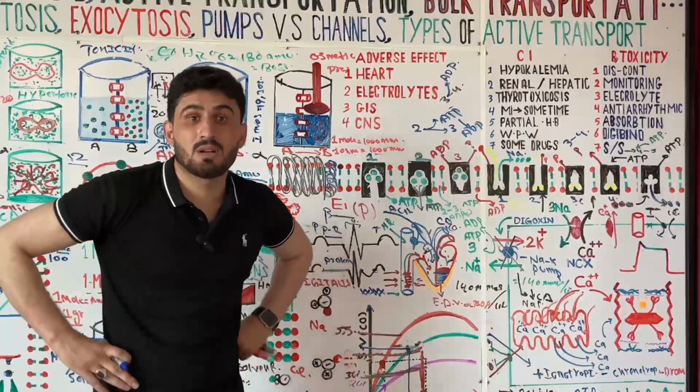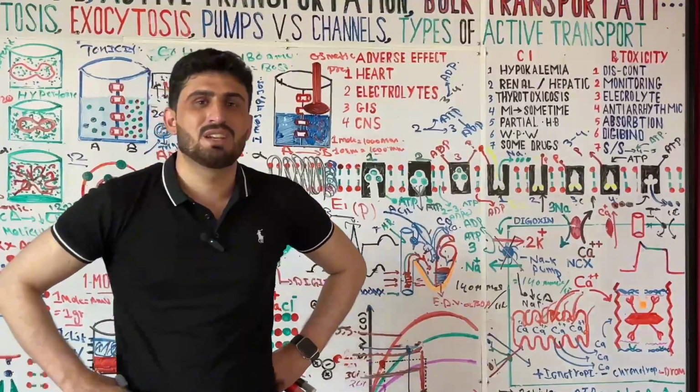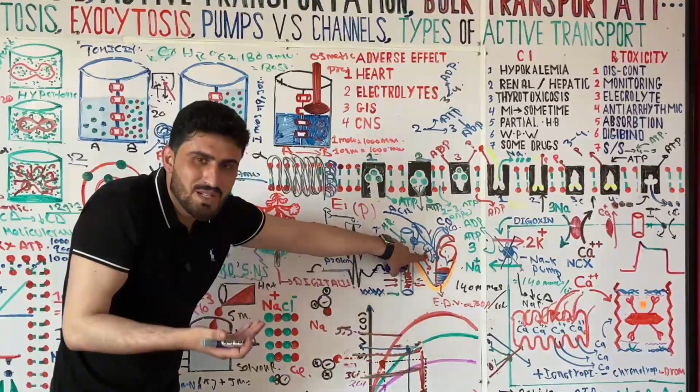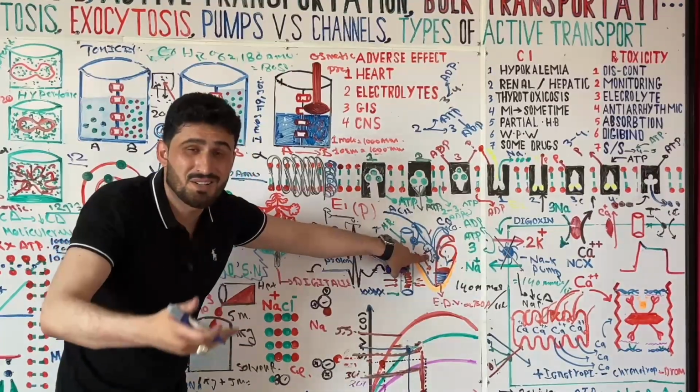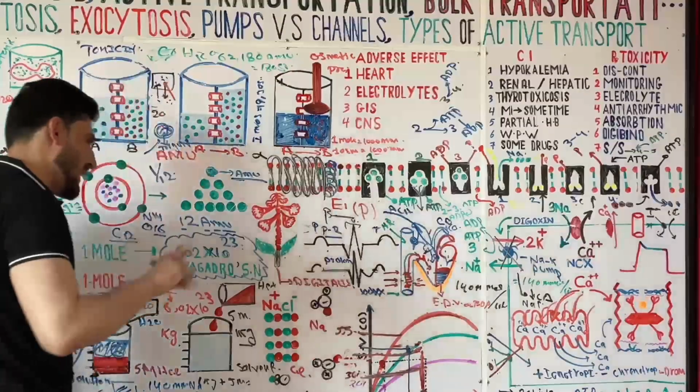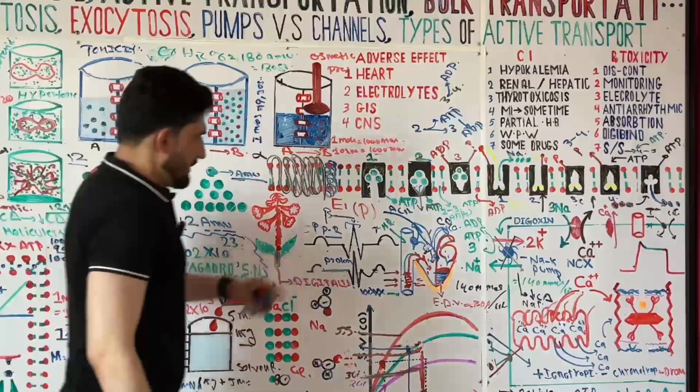Sometimes it causes heart block. It means it blocks the AV node in different degrees: first degree, second degree, and sometimes complete heart block. Okay, so that's one side effect of digoxin.